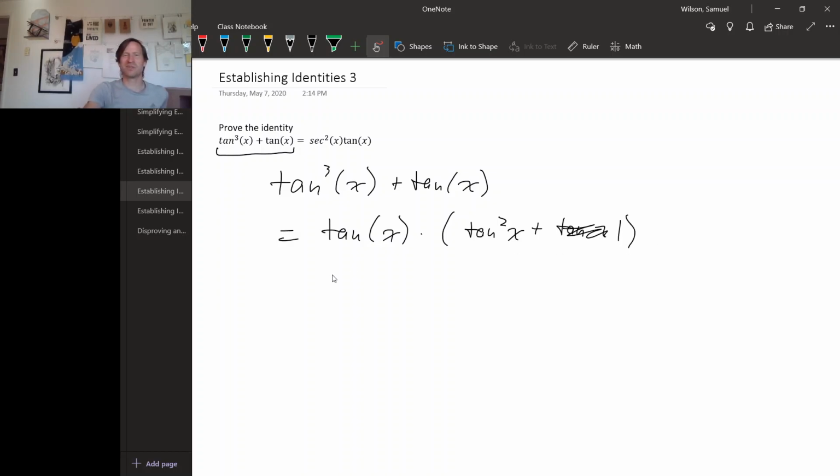But tangent squared x plus 1, according to one of the Pythagorean identities, that's just secant squared. What am I thinking? So we're done. We turned the left-hand side into the right-hand side. So we've demonstrated that this identity really is true for every value of x. Well, every value of x where both sides are defined.